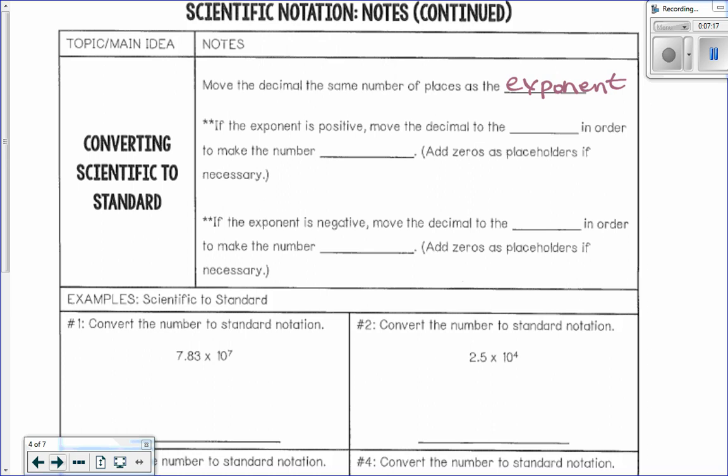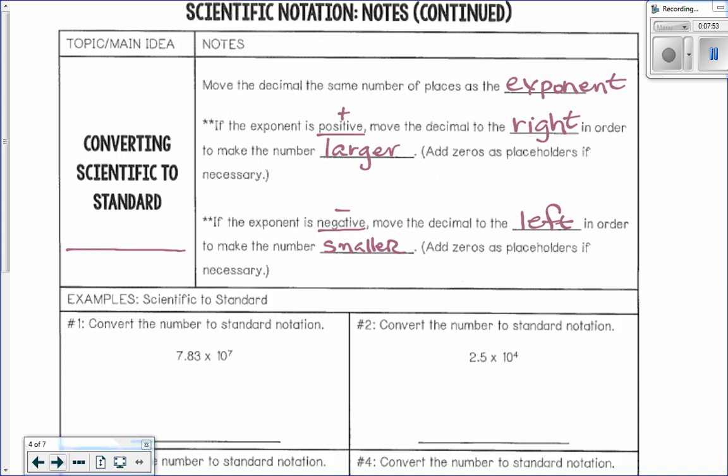If the exponent is positive, move the decimal to the right in order to make the number larger, and then add zeros as placeholders if necessary. If the exponent is negative, move the decimal to the left in order to make the number smaller, and again, add zeros as placeholders if necessary.